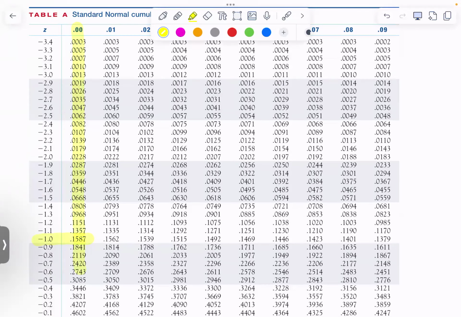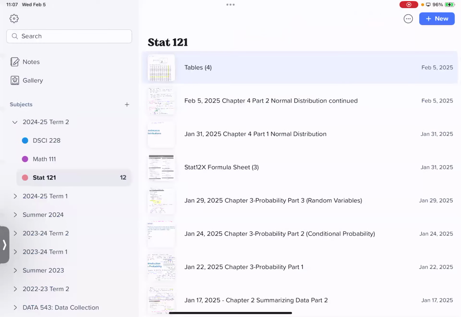I get 0.1587. Pretty close to 0.16, right? We'd have to get pretty particular. I think it would be something like the 68.2 and the 95.1, and it just gets a little boggy, right? So these are rough approximations. But 0.1587, I'd say, is pretty close to 0.16, for just a general guide.